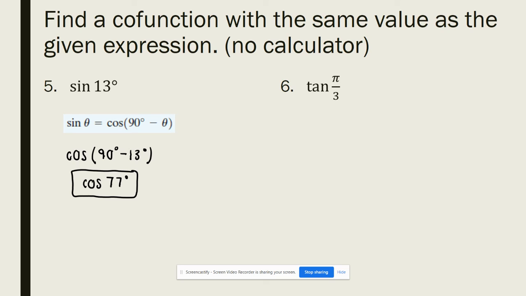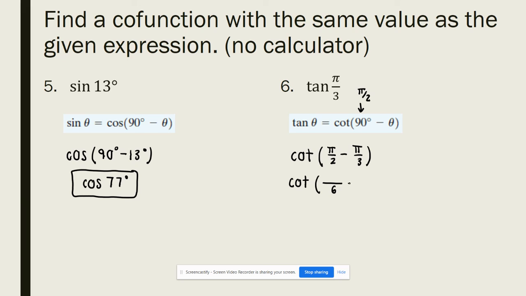When we want to find cofunctions with tangents, well, remember, tangent deals with cotangent. Remember, I get to technically replace 90 degrees with pi over 2 because I am giving you a value in radians. So we really have cotangent of pi over 2 minus pi over 3. Because those have different denominators, I'm going to find a common denominator. That common denominator would be a 6.